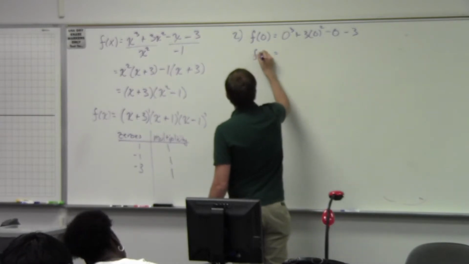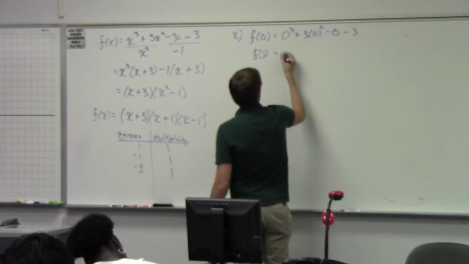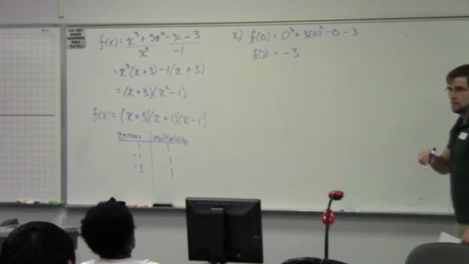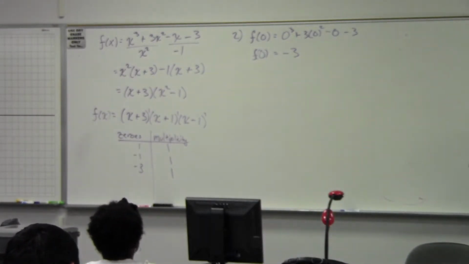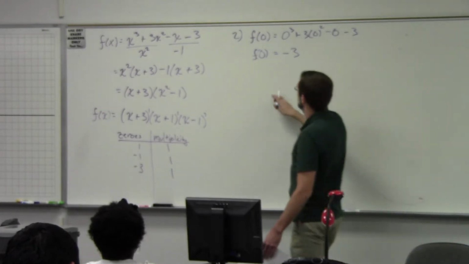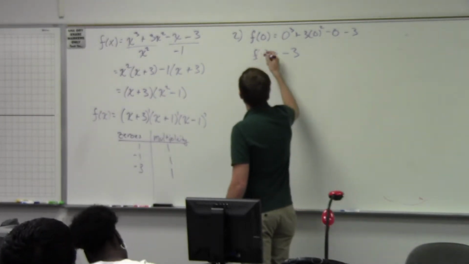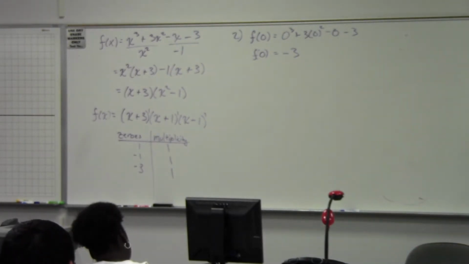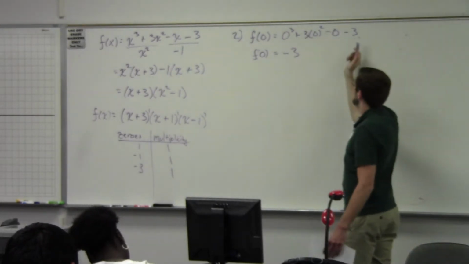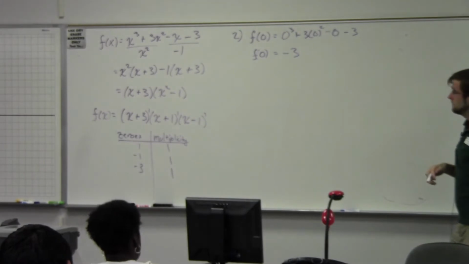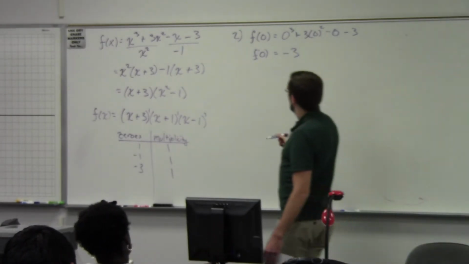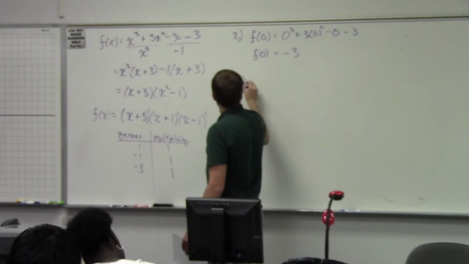So that leaves my y-intercept to be what? Minus 3, right? Remember, because all these guys go to 0, and all I have left is that minus 3 at the end.